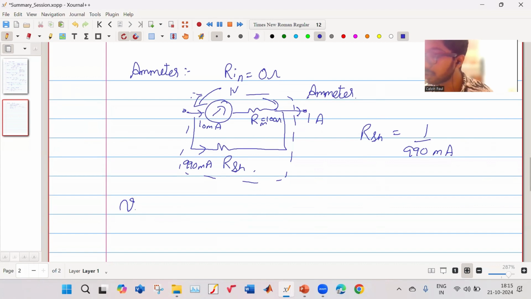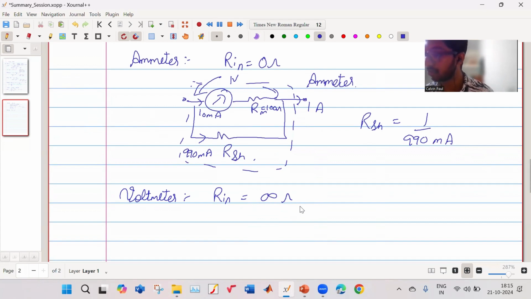Next, I want to use it as a voltmeter. Remember, for a voltmeter, the internal resistance ideally should be infinite, but practically that is not possible.